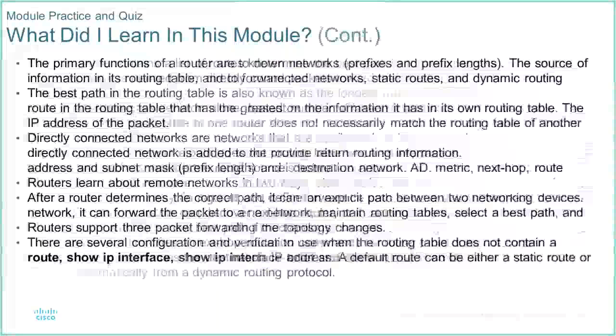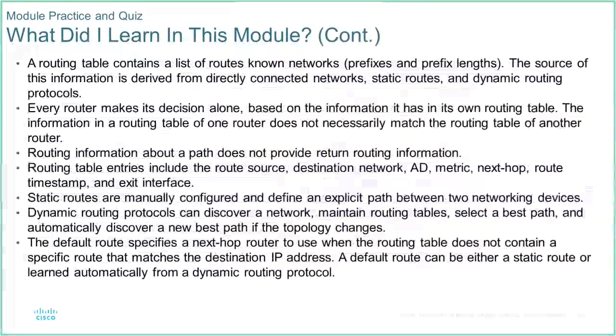We looked at how networks are displayed in the routing table using the format, and we went through how each section of the table displays a slightly different part of the picture, that being the route source, the destination network, the administrative distance, the metric, next hop, how long ago the route was learnt, and the exit interface.